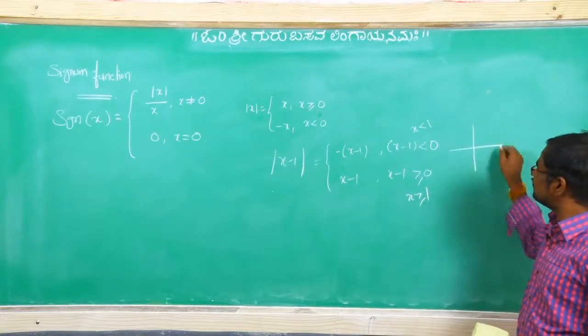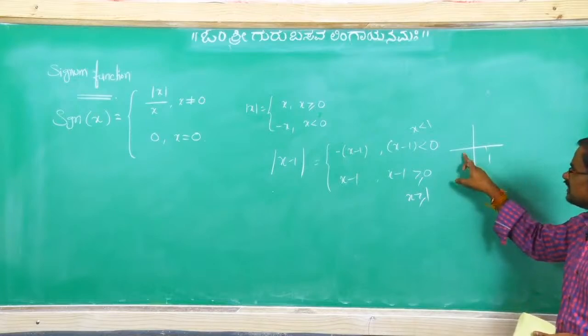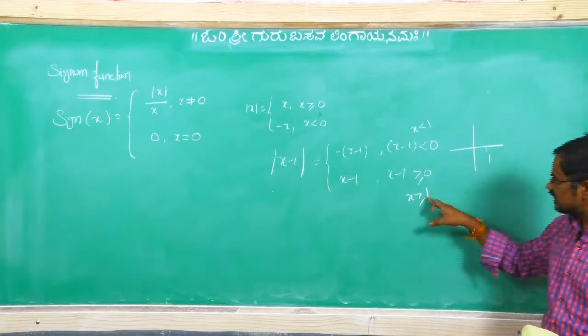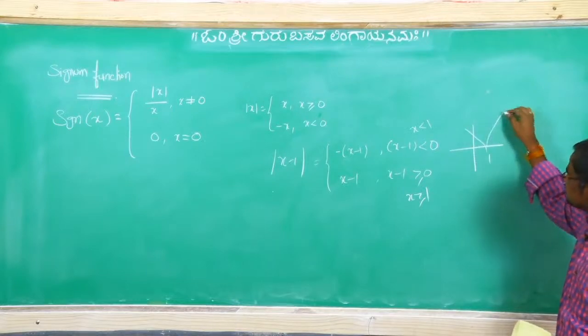Means if you draw the graph, this is 1; less than 1 is minus, greater than or equal to 1 is plus, and the graph is like this.